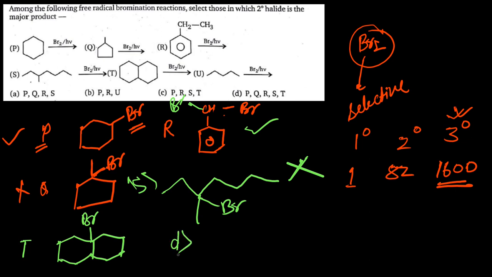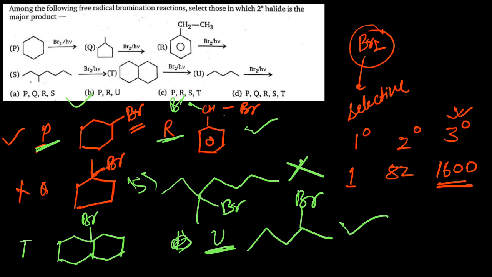After T you have U. So in the case of U, you have just primary and secondary, so it will attack on secondary. So U is correct, R is correct, and P is correct. So option B is correct.